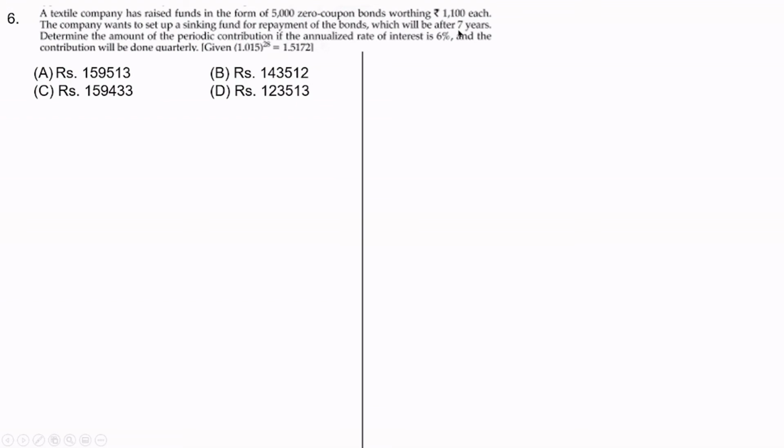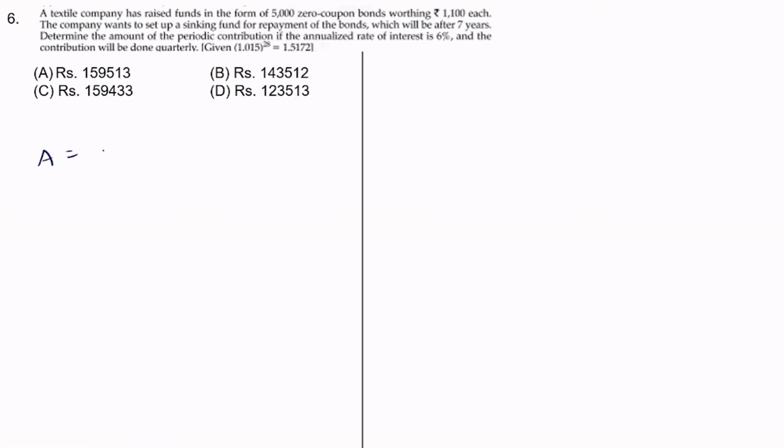After 7 years, the company has to repay 5,000 into 1,100, which is 55 lakhs for these zero coupon bonds. So the amount in the sinking fund should be 5,000 into 1,100. The annualized rate of interest is 6% and contribution is done quarterly. So using all this information, we have to find the amount of periodic contribution R.